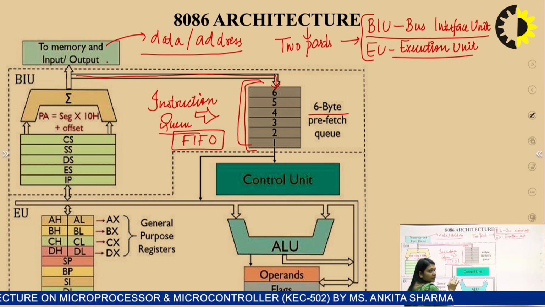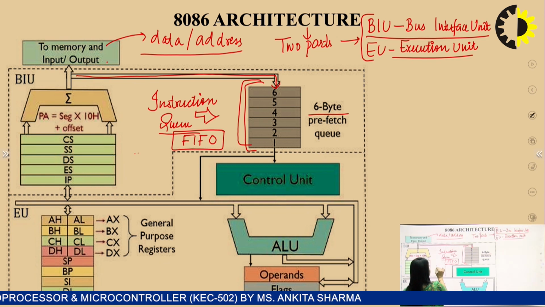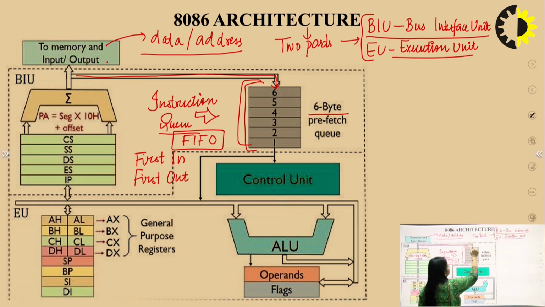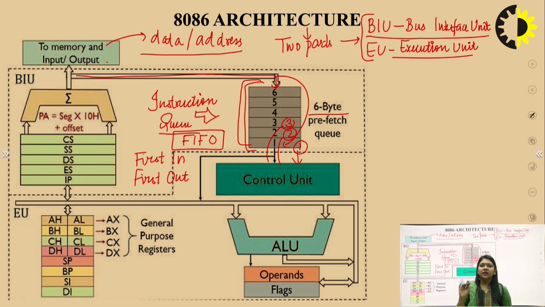Suppose instructions come in at number 1, then 2, then 3, and number 1 will go out first, after that the second, after that the third. Whichever instruction comes first will go out first. So this is the working of this instruction queue.